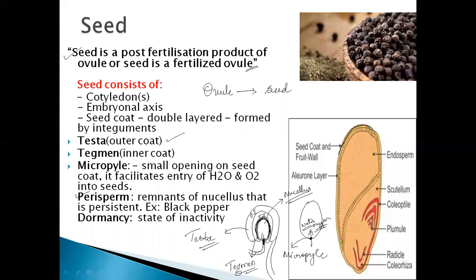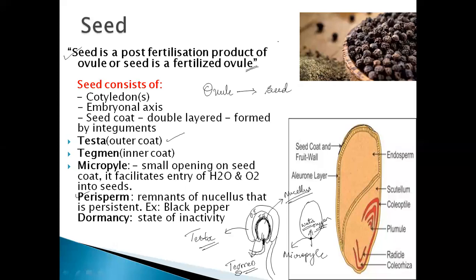Now, what happens here? Even though he is trying to germinate, that seed has adapted itself to that environment, to that surrounding. That means it has undergone a state of inactivity. There is no activity at all. The seed is not germinating and is not allowing the seedling to grow.